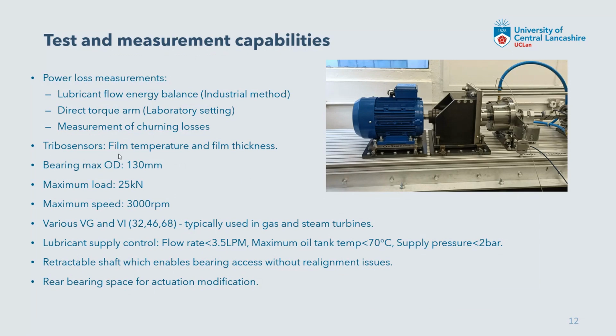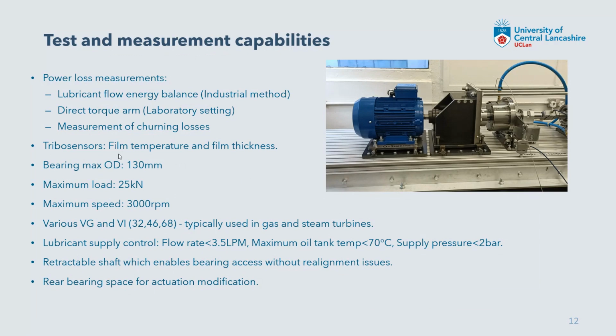It has a maximum bearing outer diameter of 130 millimeters. There is a maximum load of 25 kilonewtons. This is restricted to 25 kilonewtons due to the load applied to the rolling element bearing. And there is a maximum speed of 3,000 RPM.